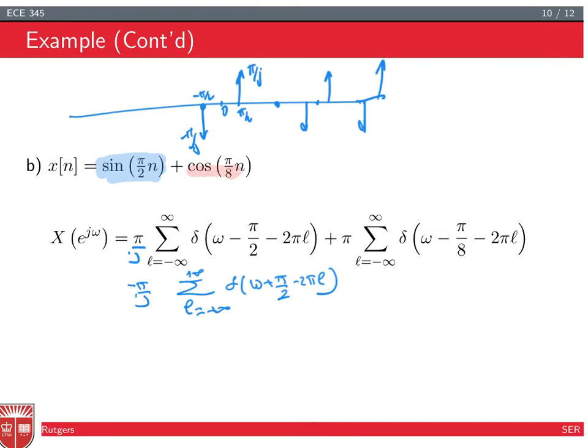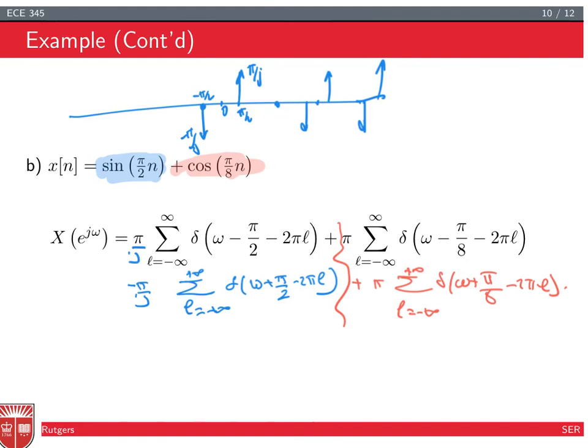Let me do the cosine also. It is missing the other part here, so I'm going to do it in red. So here plus pi sum L equal minus infinity to plus infinity delta omega plus pi by 8 minus 2 pi L. The way to realize this, in the back of my mind, I'm just applying Euler's formula.